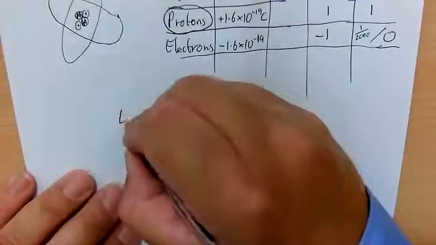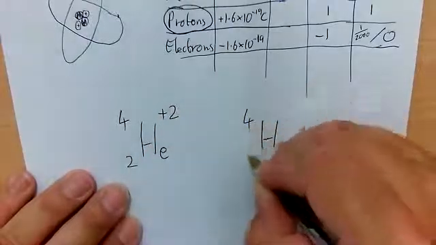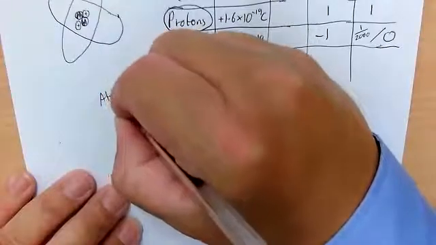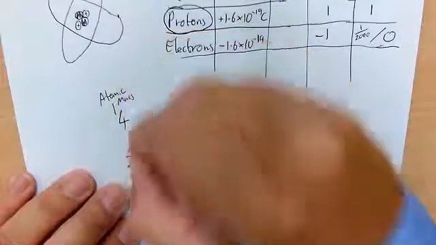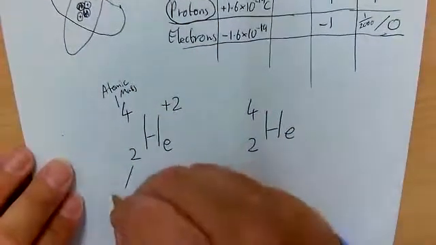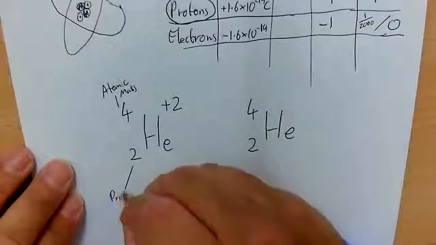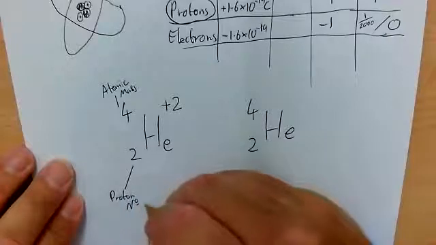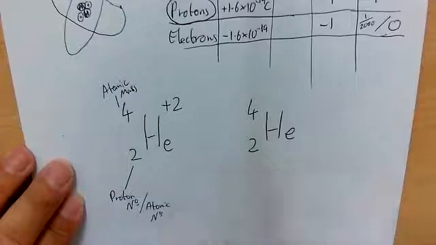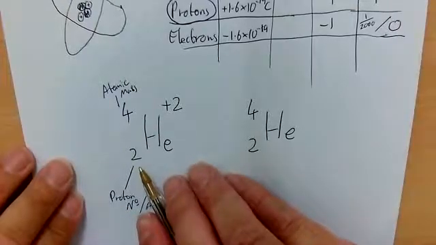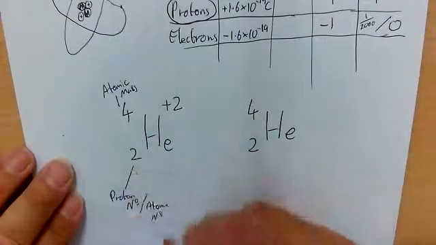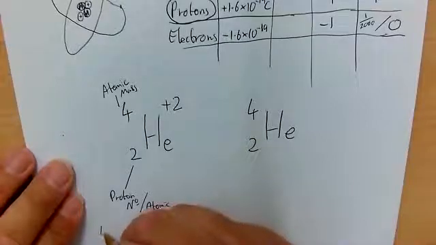Now, stable helium has a relative mass of 4 and a relative nuclear charge, what we call the proton number, sometimes called the atomic number, of 2. Now, what that means is that if you've got helium-4 here, you have 4 particles in the nucleus.